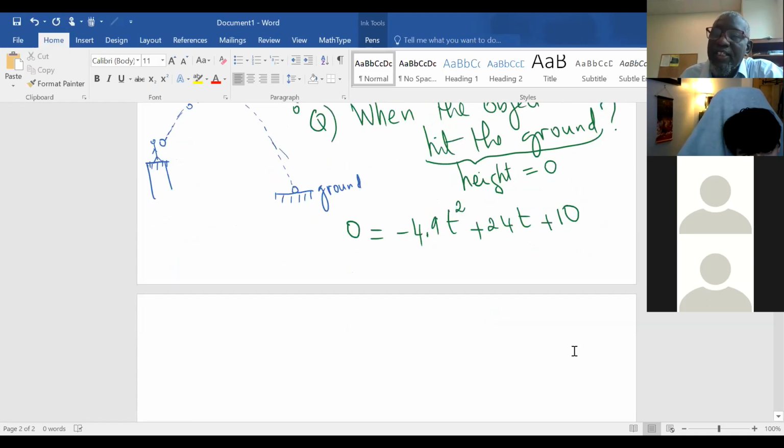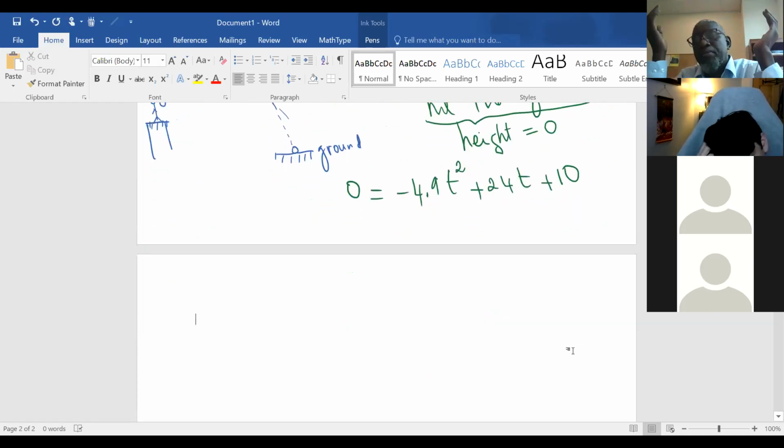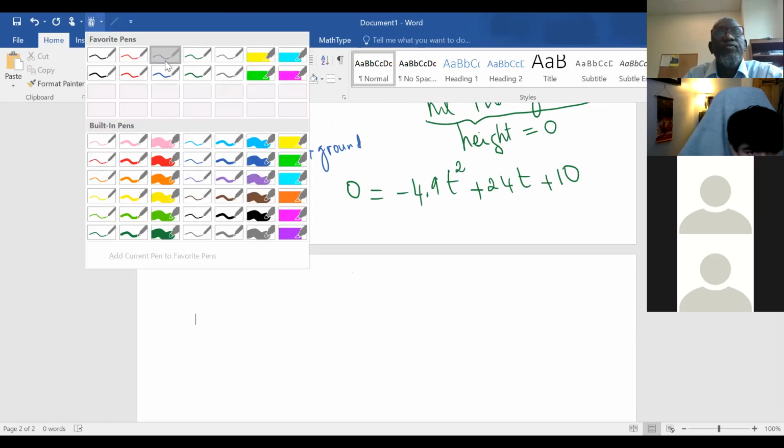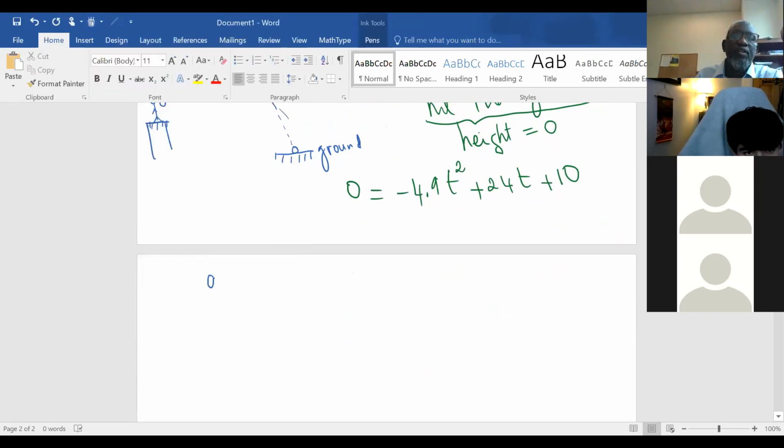Quadratic formula, exactly. The numbers are not too nice, so you have to use a calculator. So what is my A? Negative 4.9. My B is 24, and my C is 10.